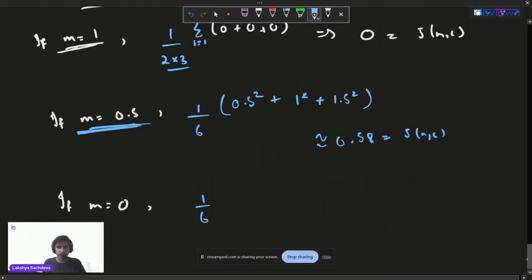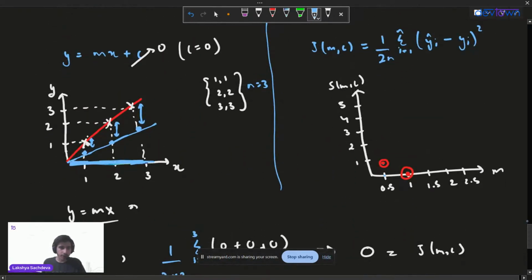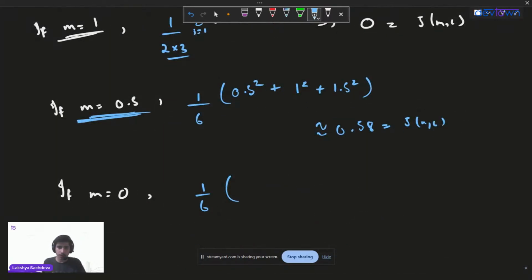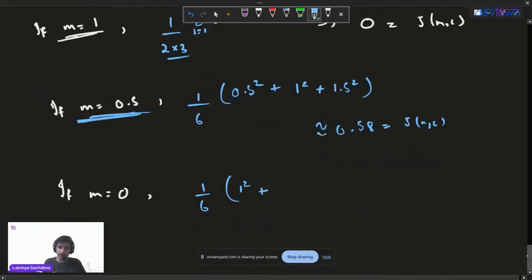So I will take 1 by 6, and I will take all the errors now. What is the error in the first case? The error is 1 because the predicted value is 0, but the actual value is 1. So I will take 1 square plus. In the second case, the error is 2, so I will take 2 square.